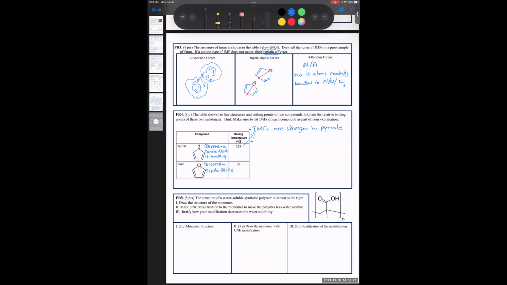Why? Because pyrrole has H bonding forces in addition to dispersion and dipole forces.